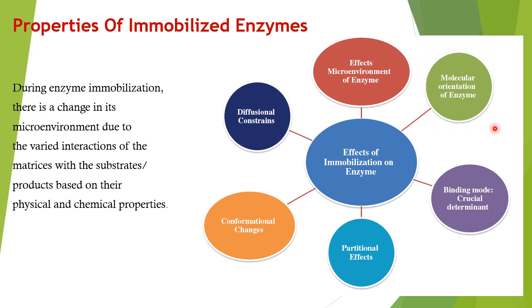There may be reactions like diazotization and disulfide bonding, which can lead to permanent bonding, so they become part of the enzyme. So the molecular orientation can change. Then there is the effect of the microenvironment of the enzyme: the material we use in the matrices plays a very significant role here.